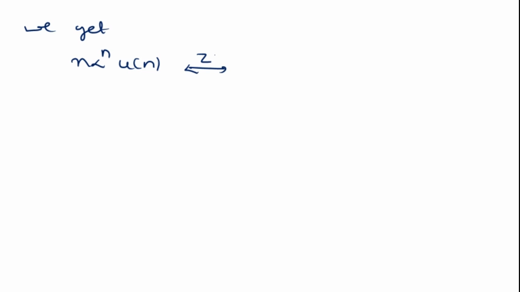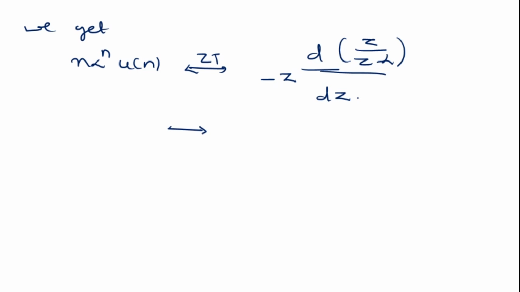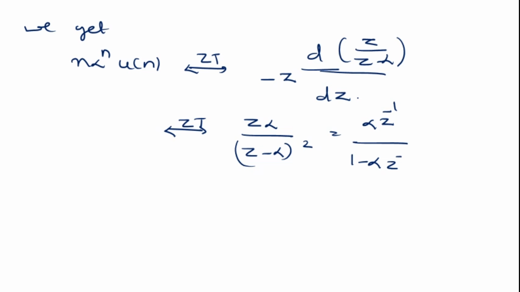If you take z transform, minus z into d of z by z minus alpha divided by dz, which is equal to z alpha divided by z minus alpha whole square, which is equal to alpha z inverse divided by 1 minus alpha z inverse whole square, with mod z is greater than mod alpha.